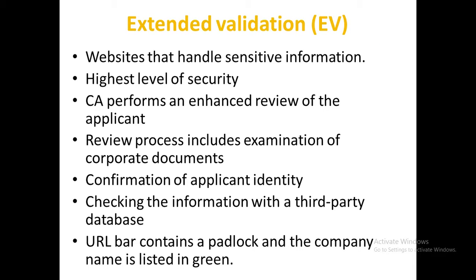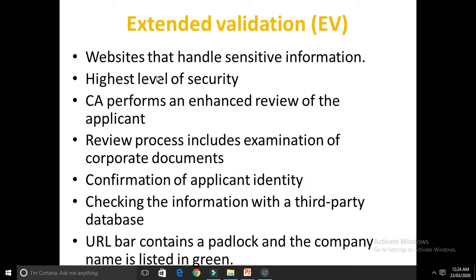And this is the third level of certificate, extended validation. Extended validation we can consider the highest level of security provided to your website. They will check various information, like documents. They will review your request thoroughly related to your domain names, and then confirm that you are really the actual applicant.